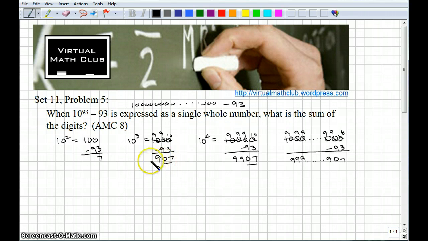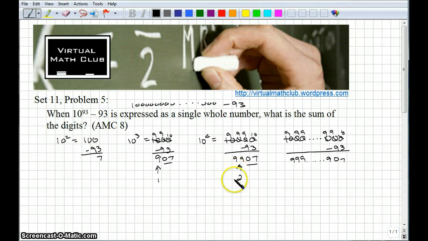So how many 9s are you going to have? For 10 to the 3rd, you've got 1 nine. For 10 to the 4th, you have 2 nines. So I bet you can guess that at 10 to the 5th, you're going to have 3 nines.